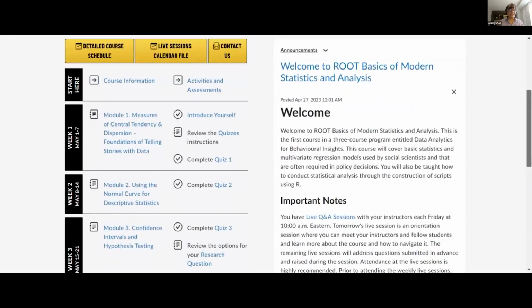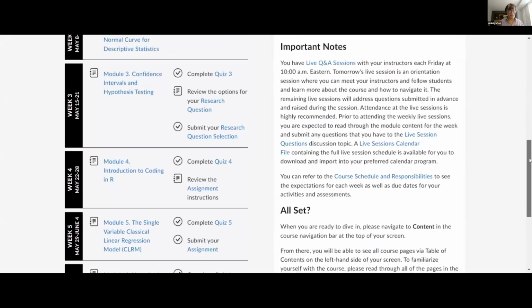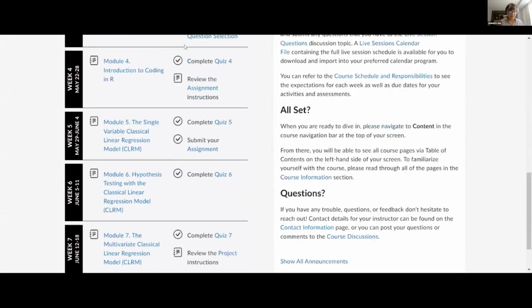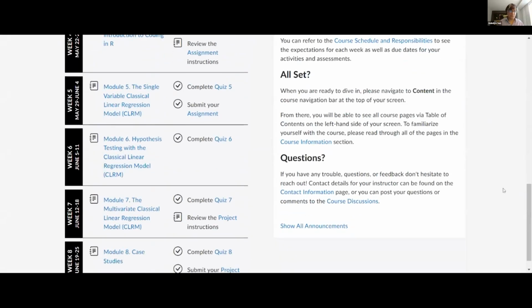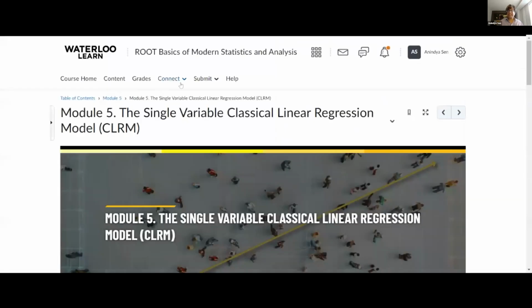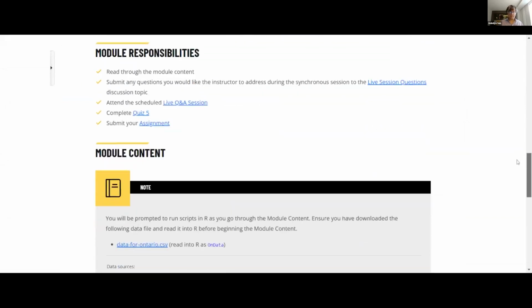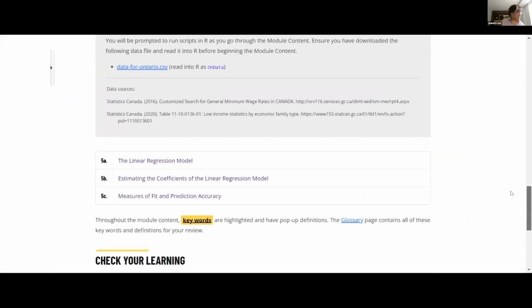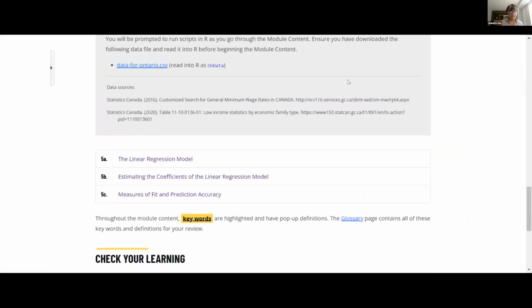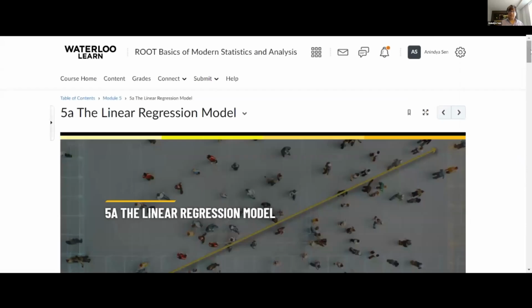There's some great stuff in between, which I don't have time to do. I will get to coding, but I will jump to module 5, which is the linear regression model. We'll look at the same story. I will start off with 5A, the linear regression model.